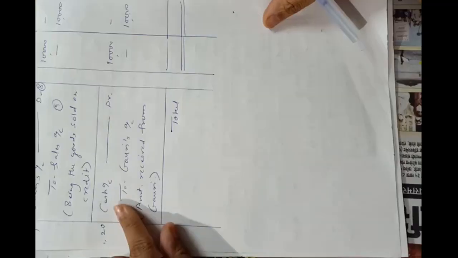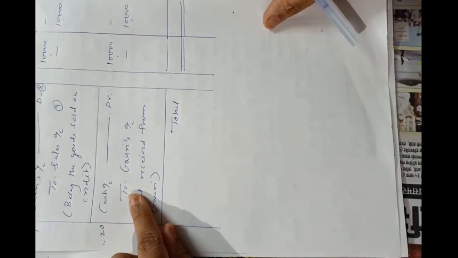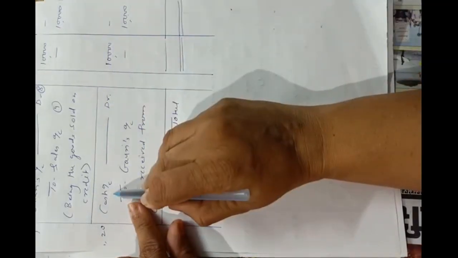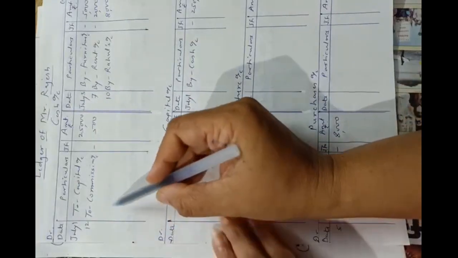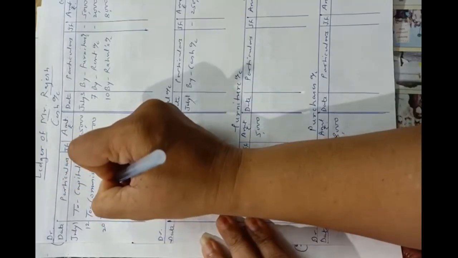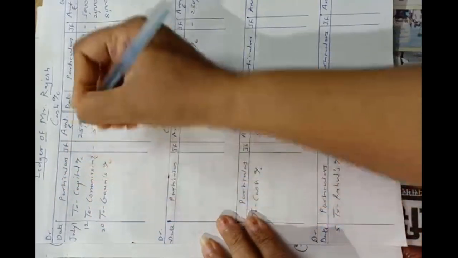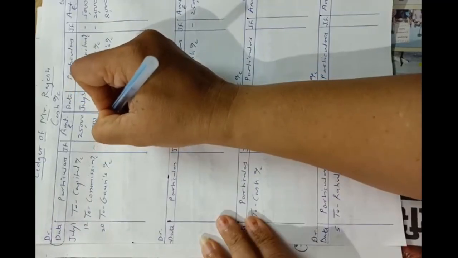Okay. And now the last entry, cash account debit to Gauri's account. So debit side of cash account we have to write to Gauri's account. Here is the cash account. Amount is 10,000.